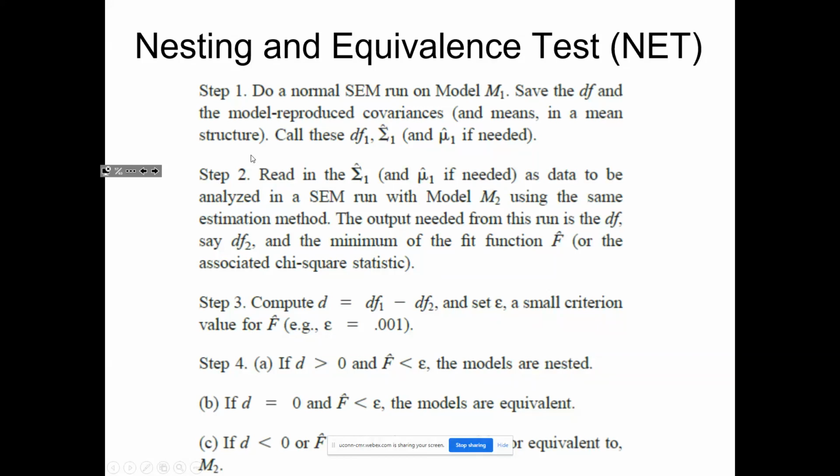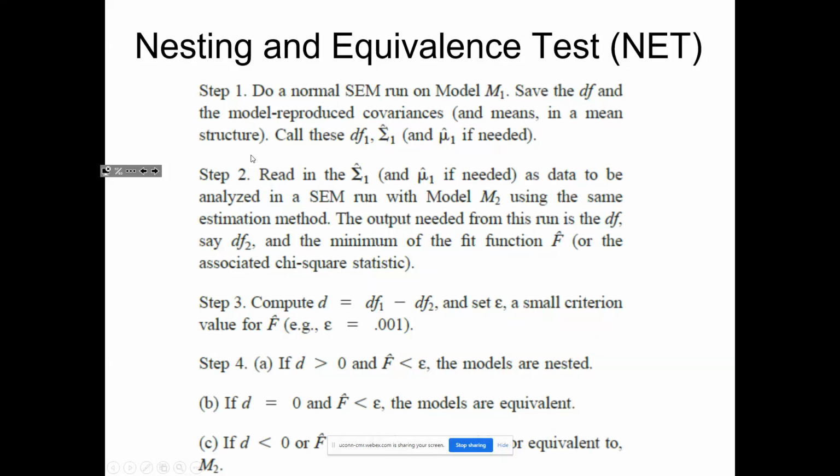And the chi-square is going to be 0. It's not even a chi-square difference here, because I'm using the model implied variance covariance matrix, but the chi-square will actually be 0 because I'm going to be able to fit the model implied variance covariance matrix. Now that I have more parameters, I should be able to fit it perfectly.